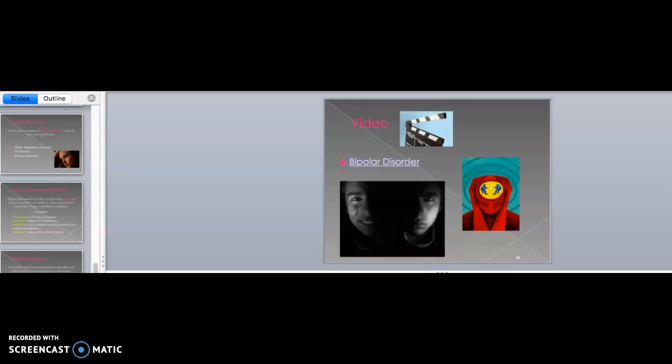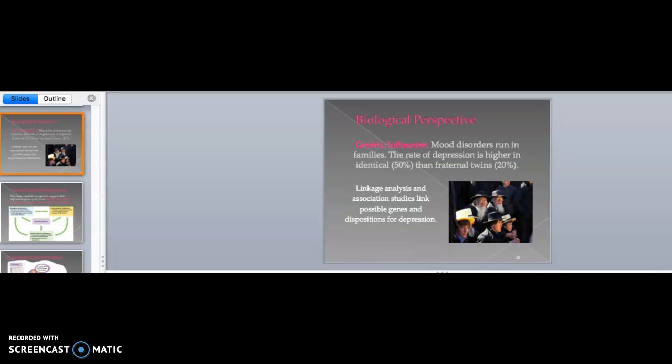Some of the more severe symptoms could be loss of energy, changes in eating and sleeping, even thoughts of suicide, very common. The biological perspective on bipolar disorder is that there's a huge genetic component. In fact, people have studied the Amish. The Amish people have identified aberrant genes in family members suffering from the disorder, and they all have a very similar lifestyle because the Amish are so secluded.